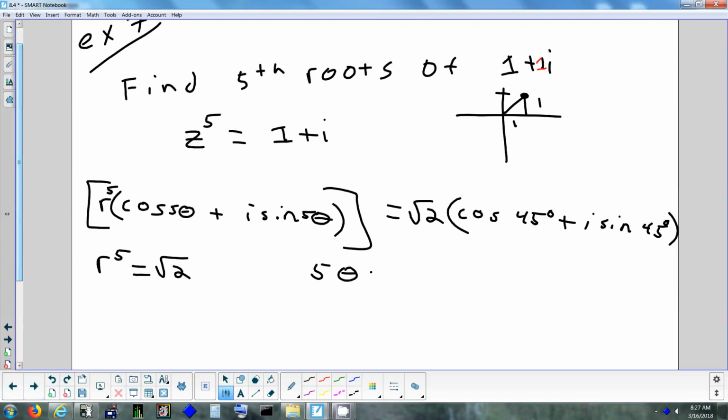Angle on the left equals angle on the right. But what do I have to add to the 45 to represent all the solutions? If I just did that, I'm only going to get one of the 5 solutions. Plus 360k. And to get the 5 solutions, k will equal 0, 1, 2, 3, 4.